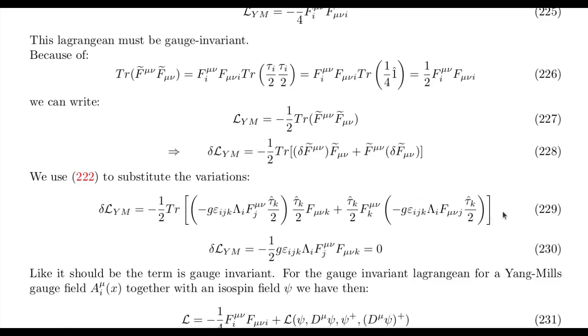Then we get this here, 229. And then we see that the left and the right term are identical. And here we have tau multiplied by itself, which means the unit matrix. The trace is 2.